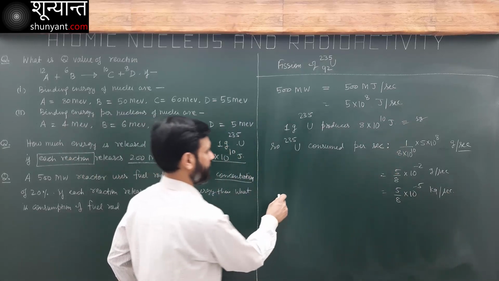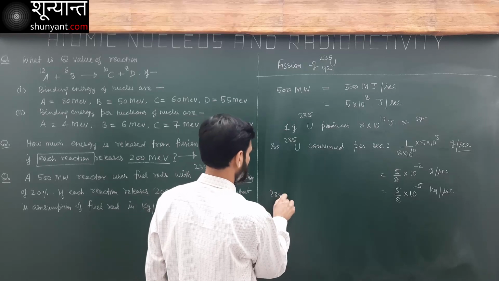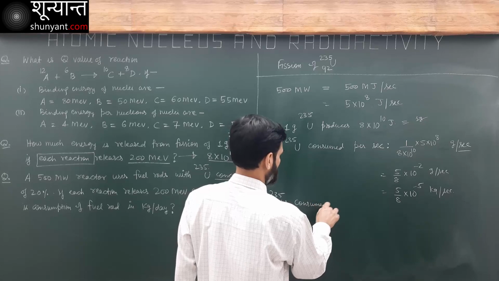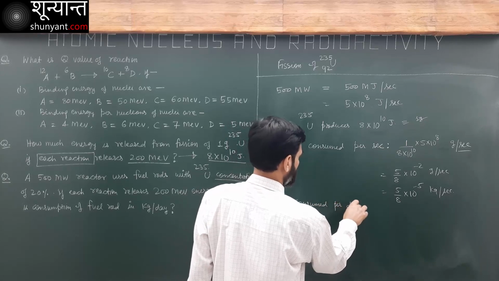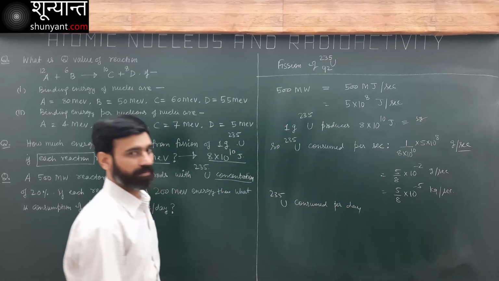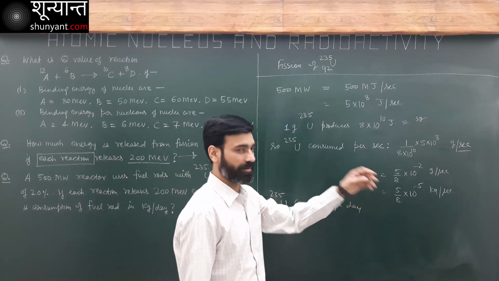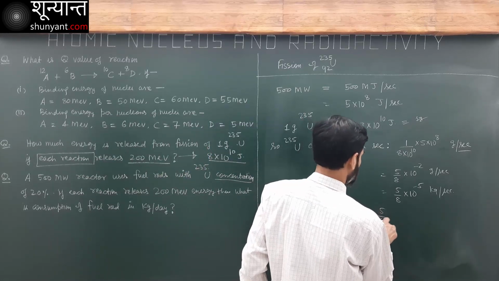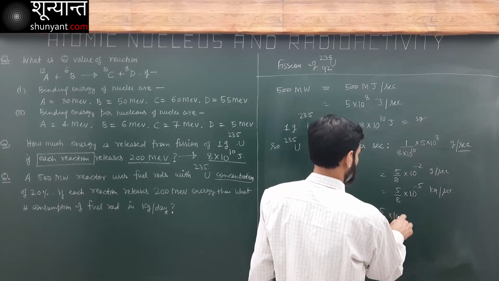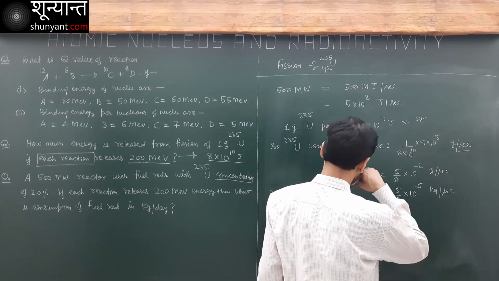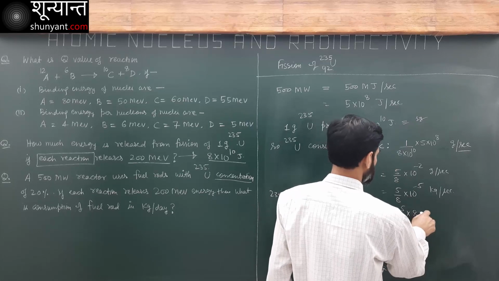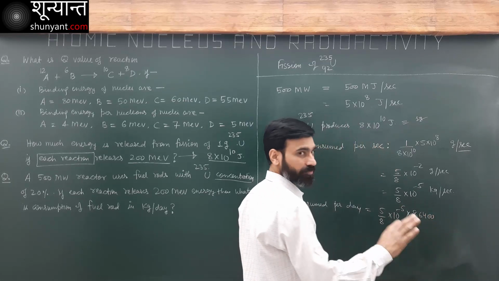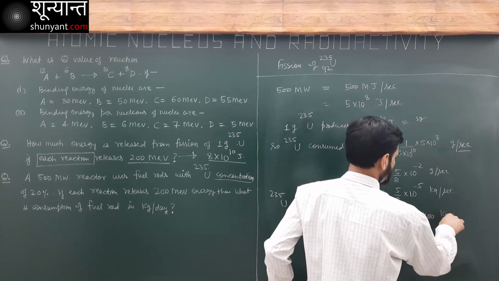Now uranium consumed per day. I got per second, I want to find it per day. It is going to be equal to 5 over 8 into 10 power minus 5 into 86,400. This answer will be in kilogram.